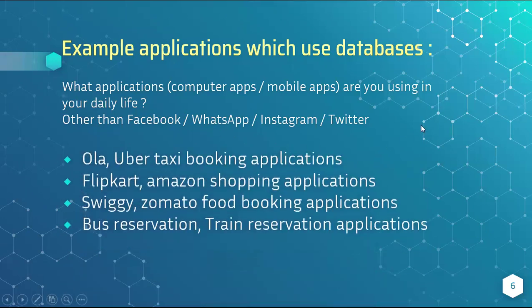Ola, Uber, taxi booking, Flipkart, Amazon shopping, Swiggy, Zomato food booking, bus reservation, train reservation, right? All these applications will have a database in the backend, and every database will have multiple tables. If you take the Ola or Uber database, can you tell me what tables we have in it?